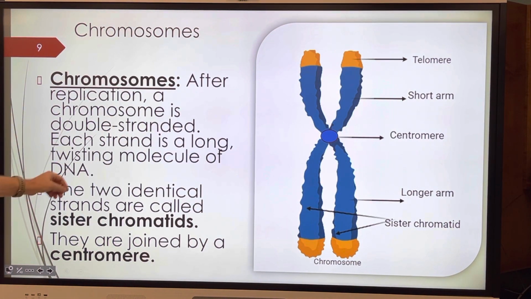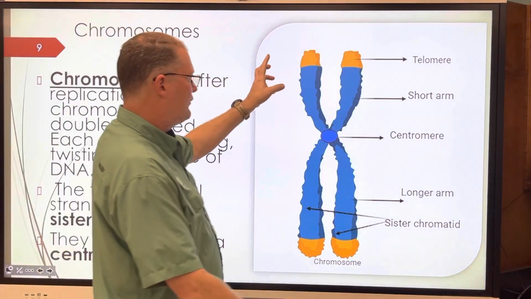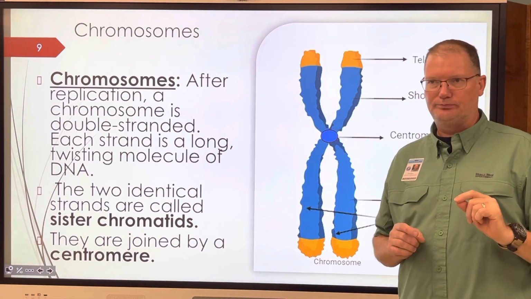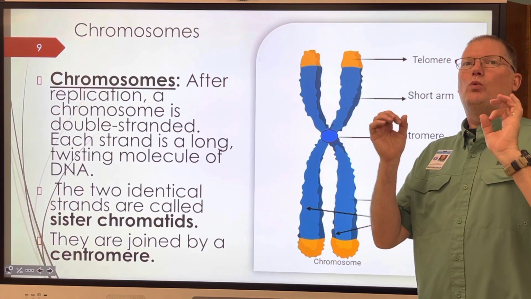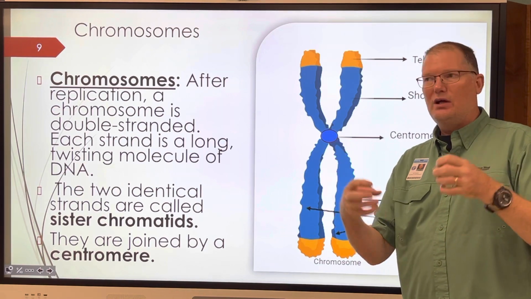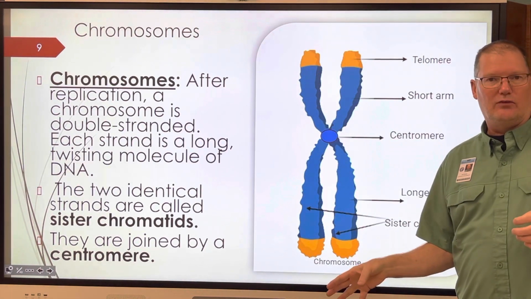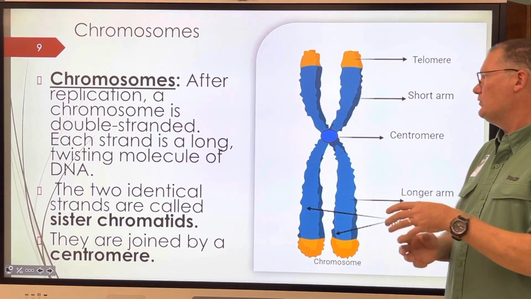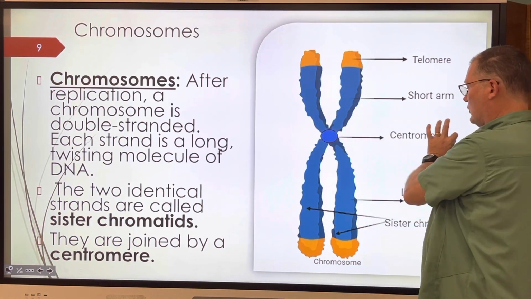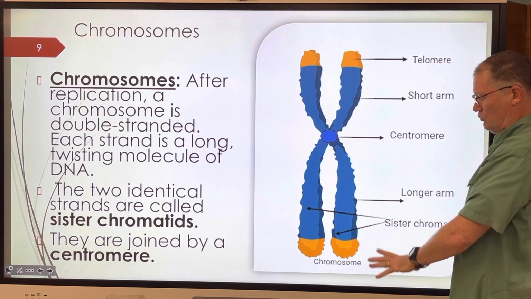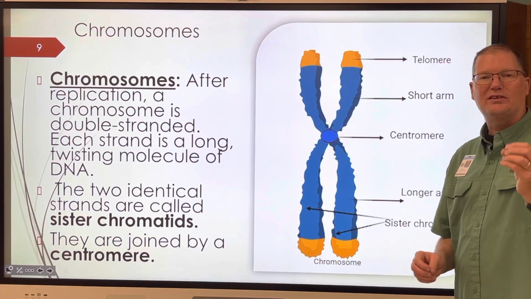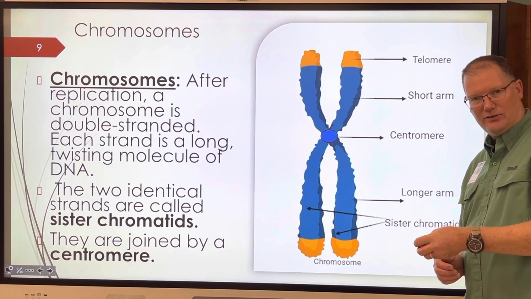Actually, I take that back. When the cell is getting ready to split into 2, it replicates itself. It replicates a copy of the DNA. So this is one copy and this is the other copy, and they're held together by this thing called a centromere. So you're labeling this in your notes, right? Each of the copies is called a sister chromatid.